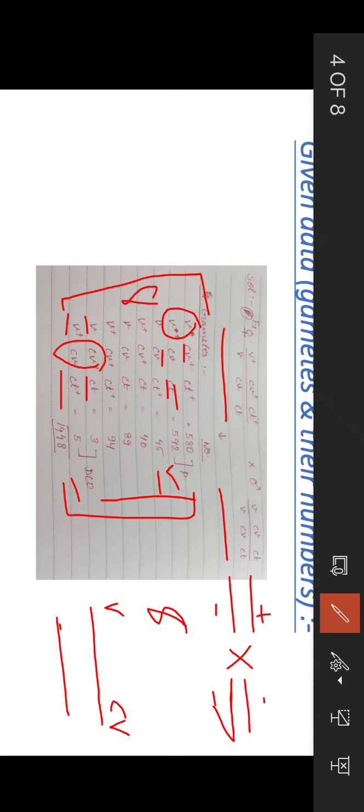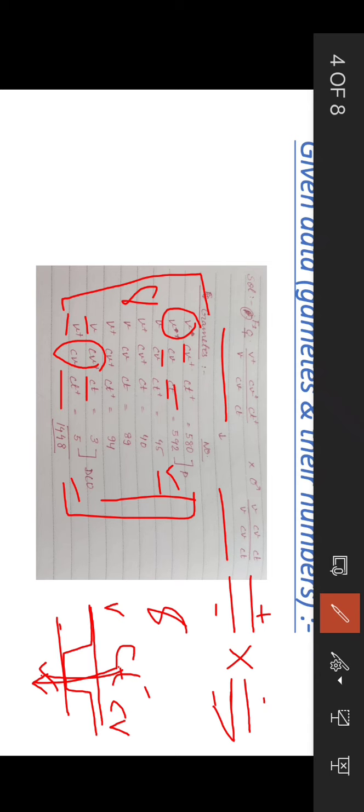Why I'm saying this? Because when we perform a DCO, a double crossover like this, the middle one gets changed. If the middle one is in recessive form, it will come to the lower side, because the middle one gets changed.